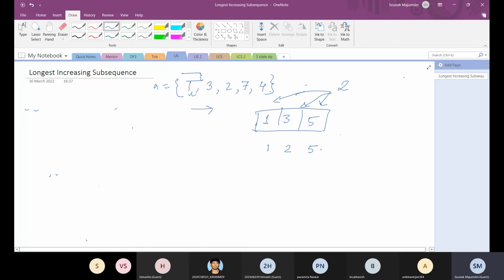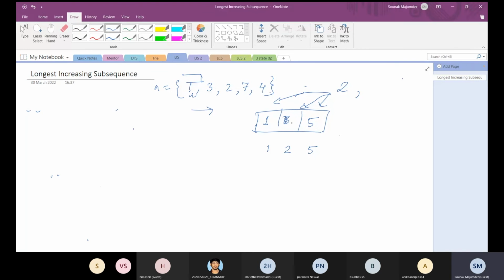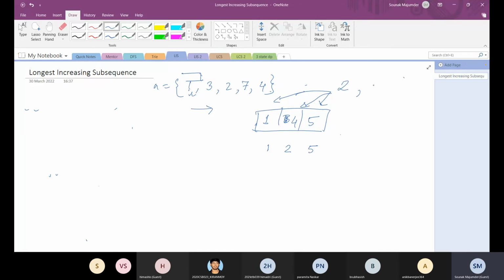This is always beneficial. Why? Let me give you an example. Let's say another element comes up, a 3.